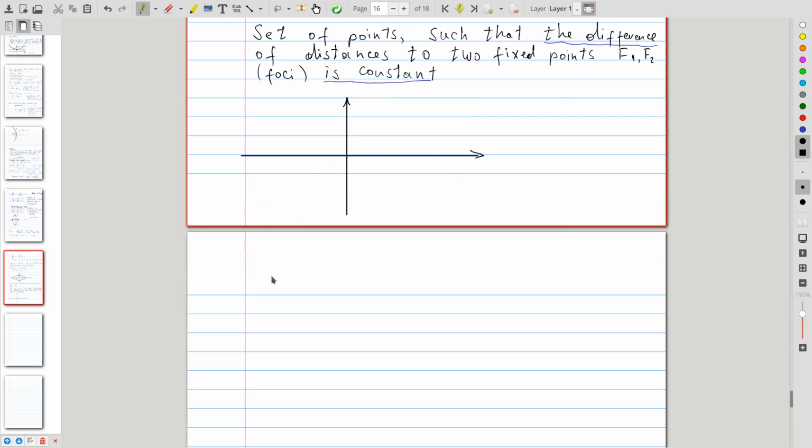So the geometric condition can be written as: distance from point P, a general point on the hyperbola, to F1 minus the distance from P to F2 is equal to plus or minus 2a. Here again, a is a positive constant.